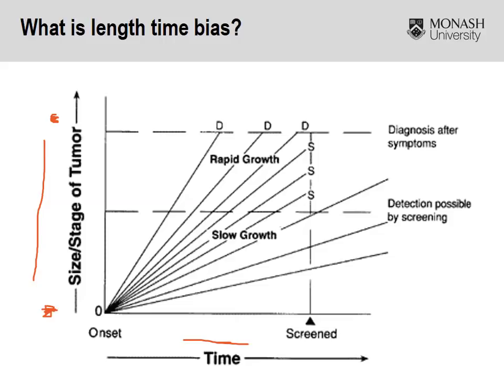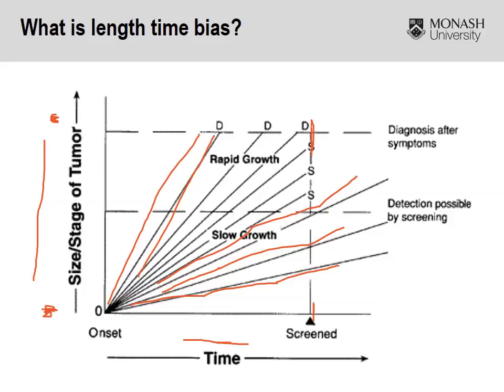Obviously, if we're screening at this point in time, these slow growing cancers will be picked up by the screening, as opposed to these rapid growing cancers, which at this point in time won't be picked up with our screening protocol. Hence we've got this length time bias of only really picking up those slow growing cancers. Again, if we wanted to, we could decrease the interval between screening rounds, but again, that increases the risk of overdiagnosis.